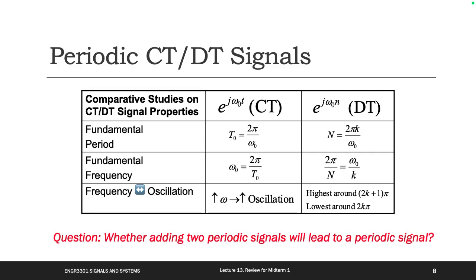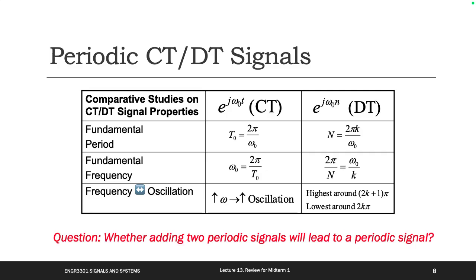It should be a periodic signal, am I right? But for the DT, you need to make your period an integer number, so it needs the two signals to satisfy a specific rule. So you need to pay attention to that.